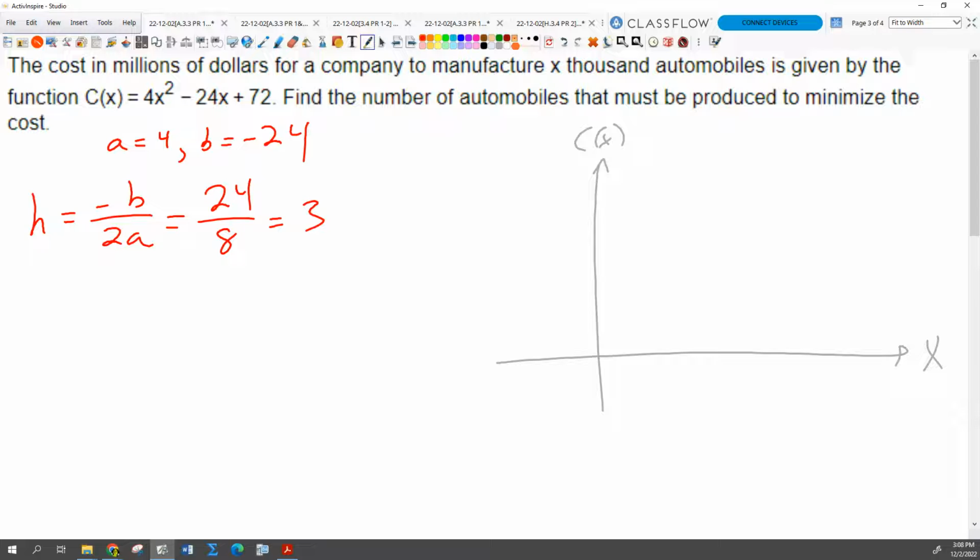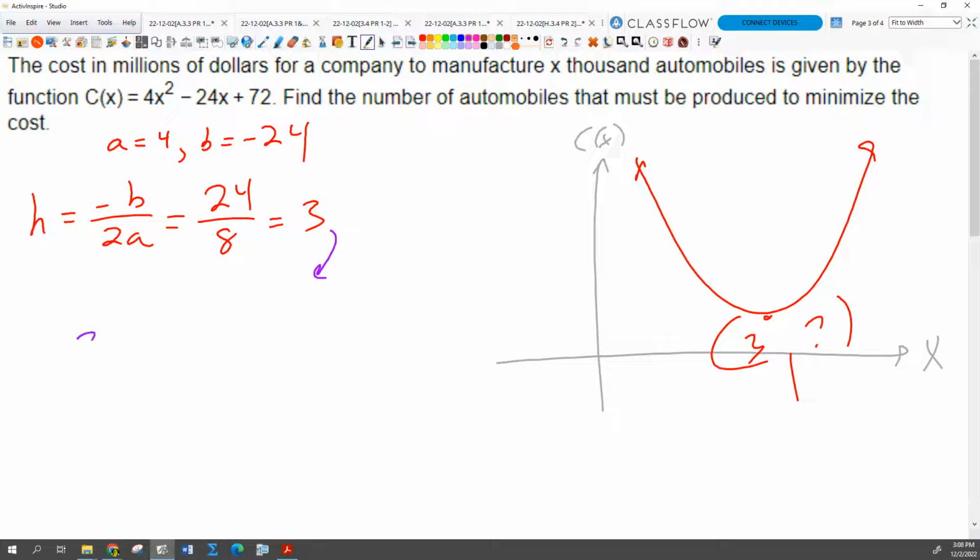So if we were to graph this function, this is a parabola, right? It's quadratic. It's a parabola that opens up, right? And so the coordinates of the vertex are going to be 3. Who cares, right? All we needed to know was what's going to be the input value of x that's going to minimize cost. 3, right?